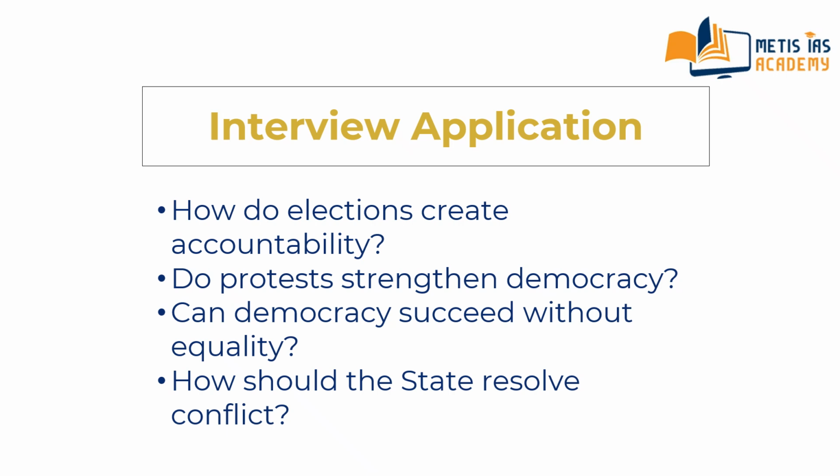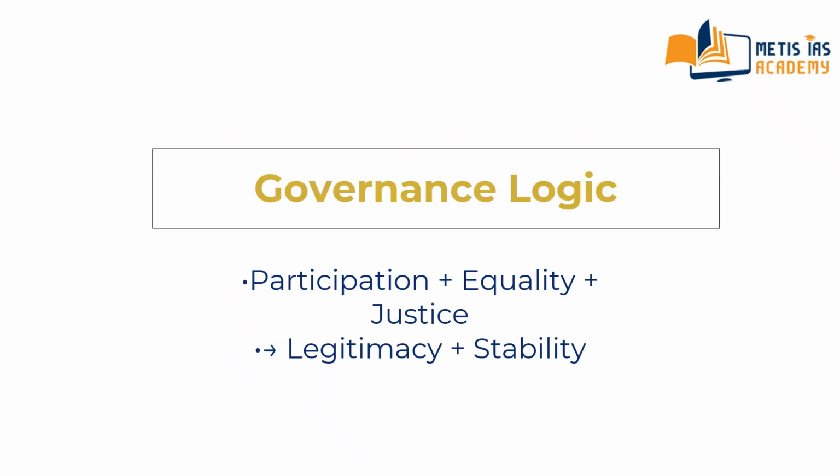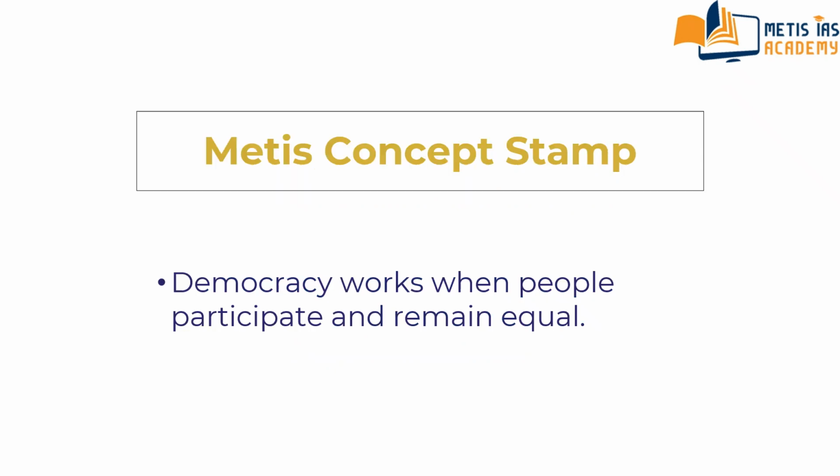So, let us compress the chapter into one operational formula called the Metis concept stamp. Democracy works when people participate and when people remain equal. If participation collapses, democracy becomes hollow. If equality collapses, democracy becomes oppressive.